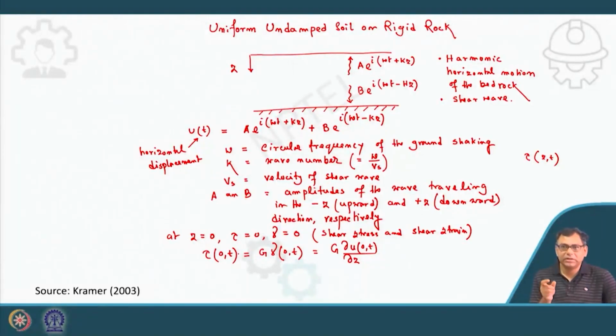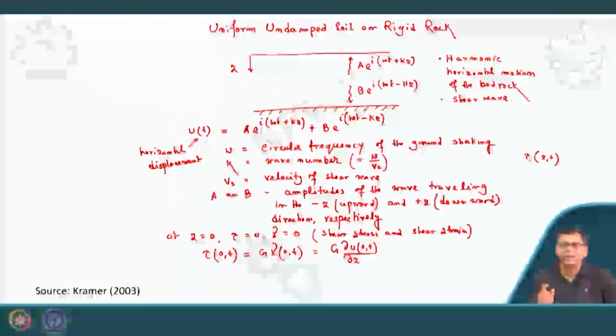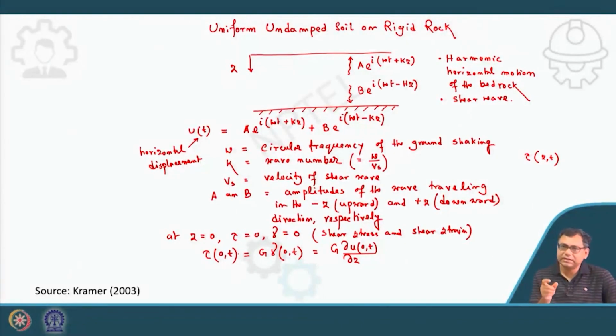When I talk about G for the nonlinear approach, it will be G tan. That I have already discussed in my previous module. So, here it is the linear approach I am talking about, so G will be G max, the maximum shear modulus.